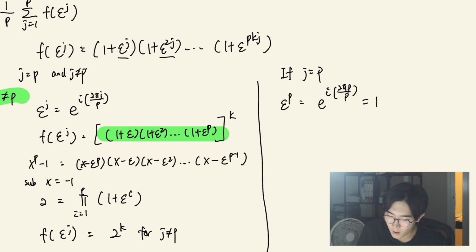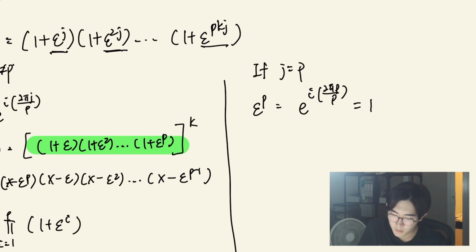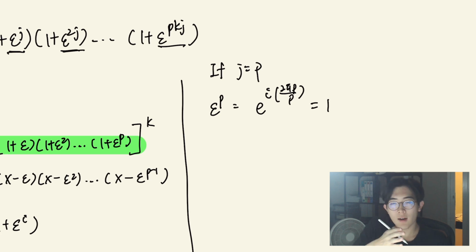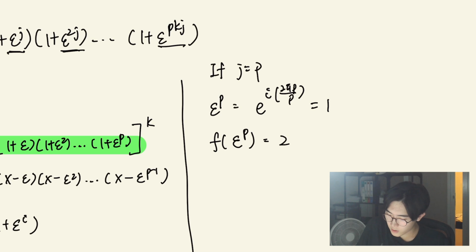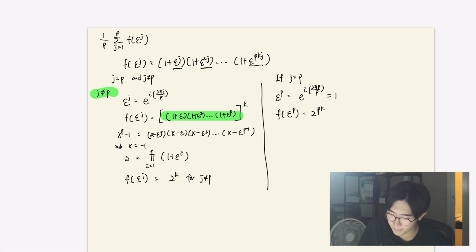Which means that all of these terms are equal to 2. So since we have pk products there, f of sigma to the power of p is just equal to 2 to the power of pk.